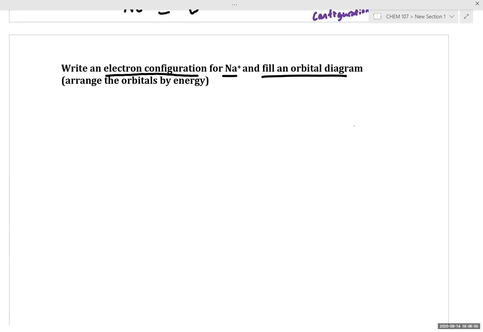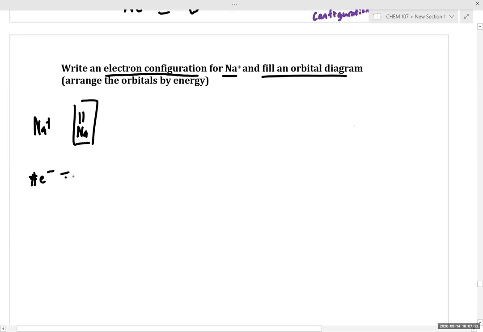Okay, so let's discuss. For sodium plus, first, if we look up sodium in the periodic table, what is the atomic number? 11, okay. So then our number of electrons is equal to our atomic number minus the charge, which gives us 10 electrons.